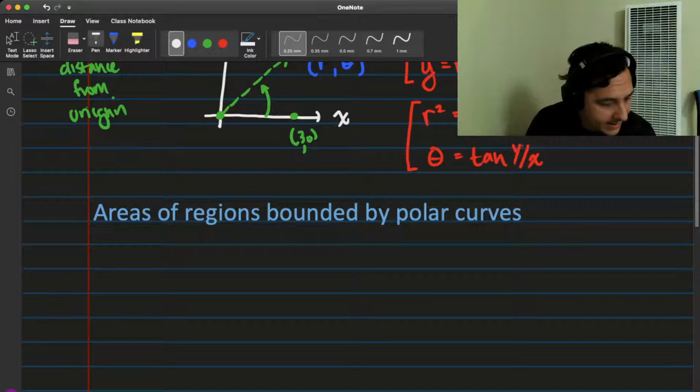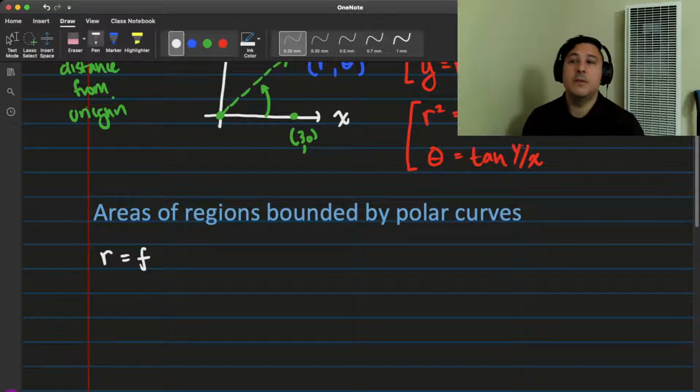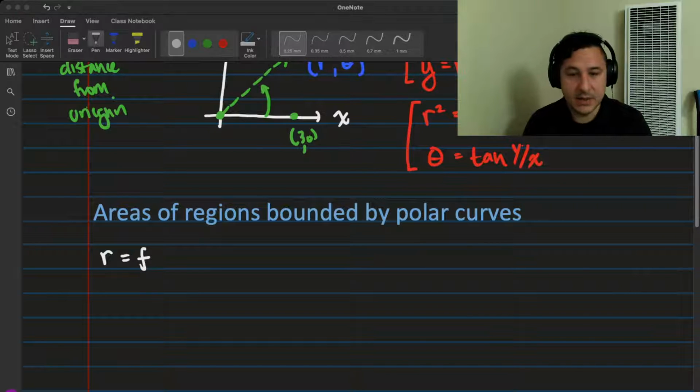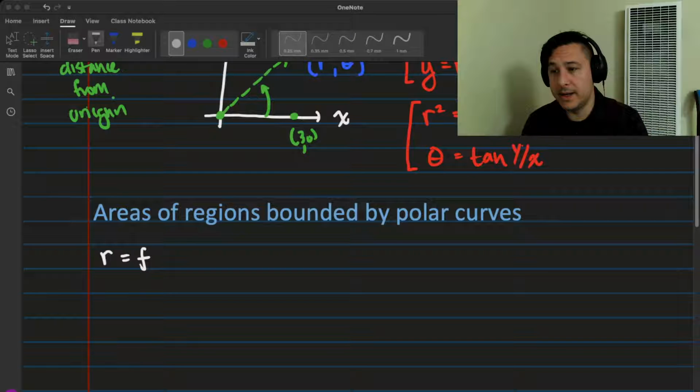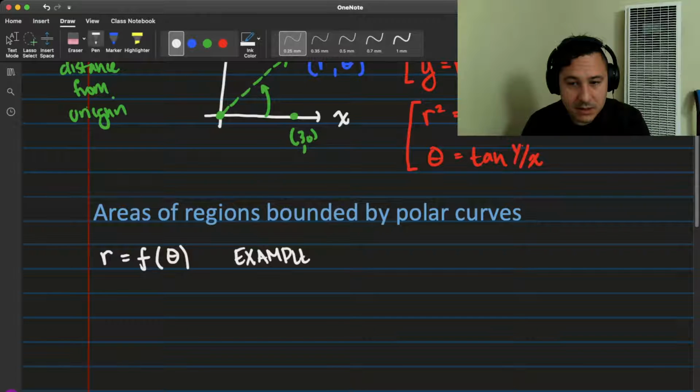So let's say you have some polar curve. For polar equations, you get r equals f of theta. You remember the way it works with polar equations is that you always define what r is. So you're going to have some function and it's going to be defined by some angle. As an example, the example I gave you last time was, what if r is equal to 4 sine theta?